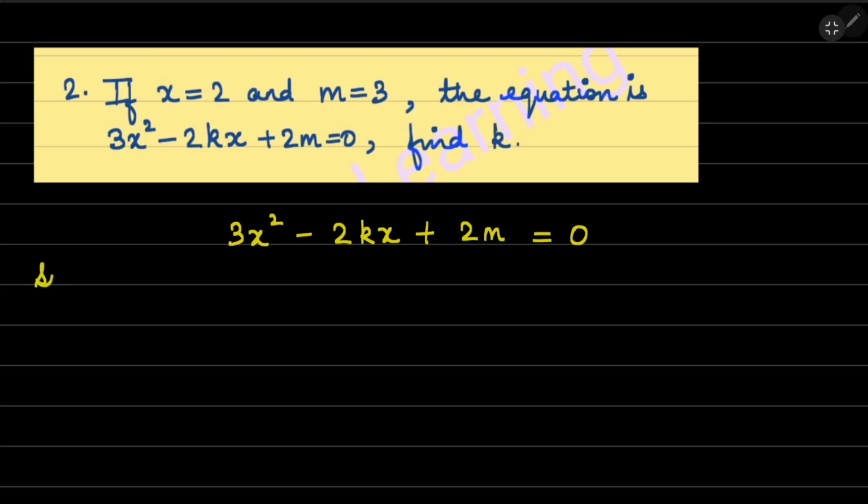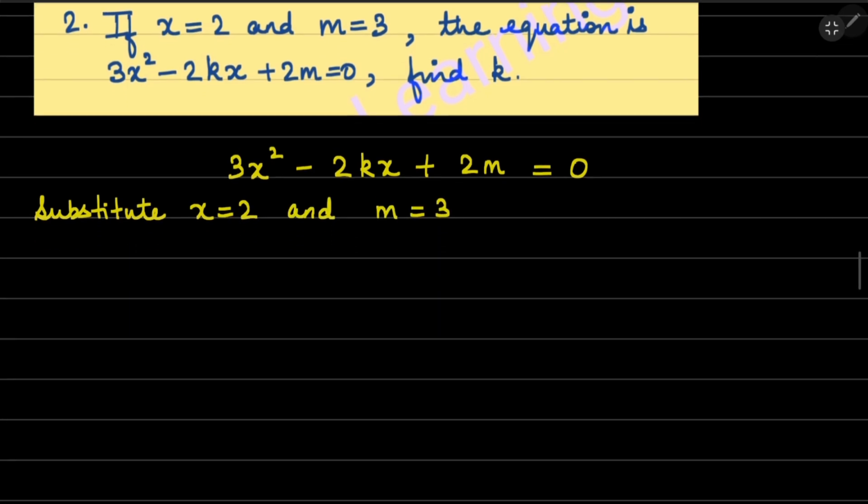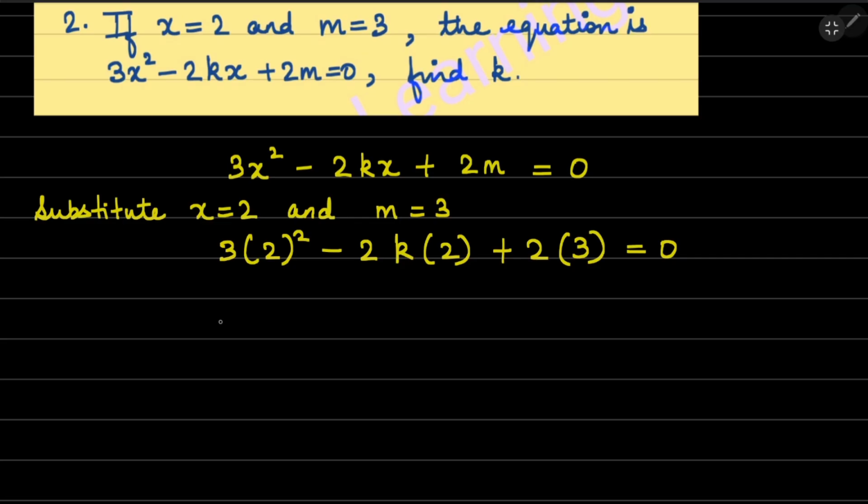Just substitute x is nothing but 2 and m equal to 3. So 3 multiplied, in place of x I'll put 2 square minus 2k into, in place of x I'll put 2 plus 2 into, in place of m I'll put 3, equal to 0. Just solve it.